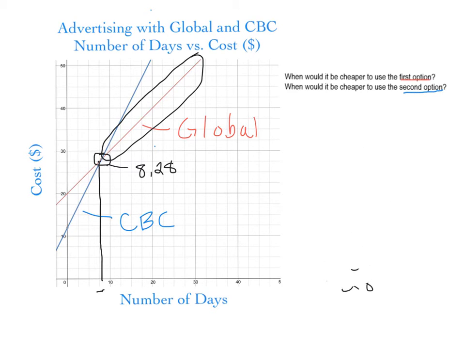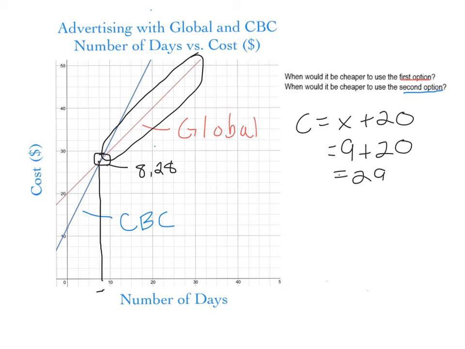I'll put in global first, C equals X plus 20. I'm checking what it is at 9 days. So 9 plus 20 equals 29.